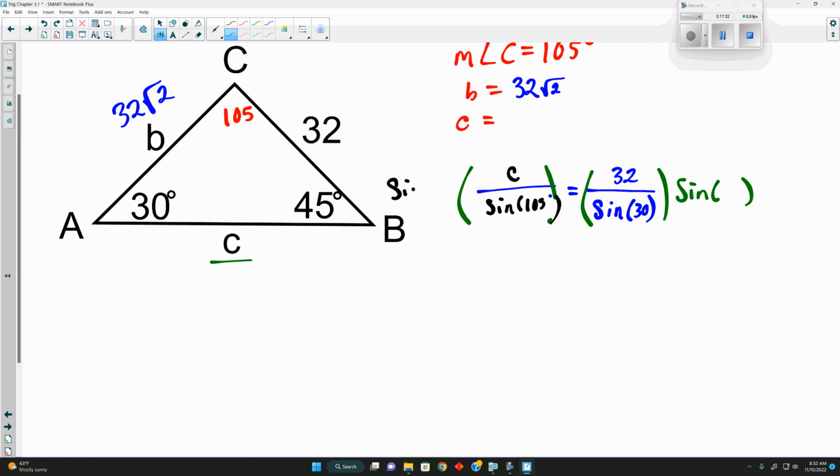And we're going to multiply by sine of 30, so really we're just replacing the sine of 45 with 105, which tells us that C is equal to 32 sine of 105 over sine of 30.